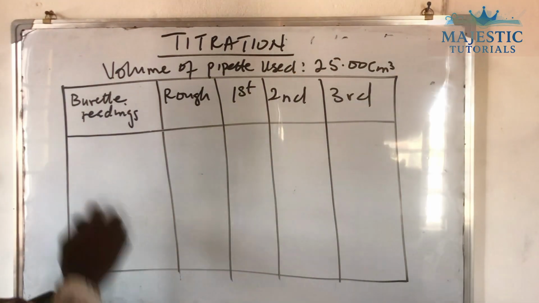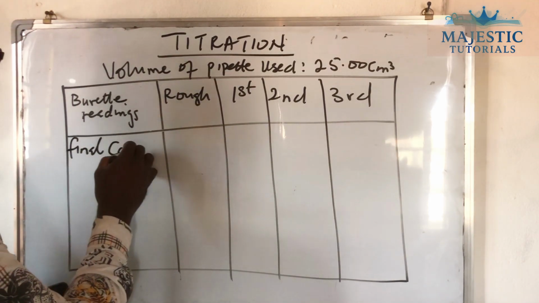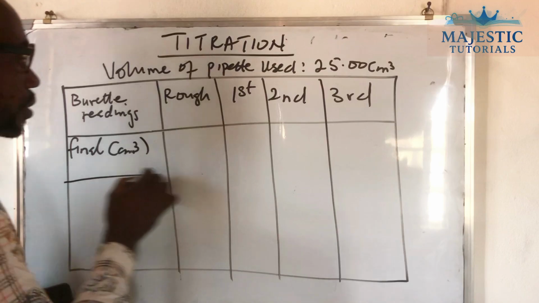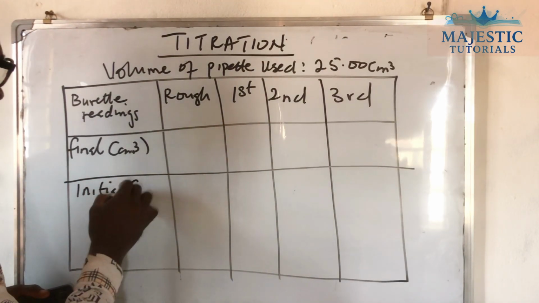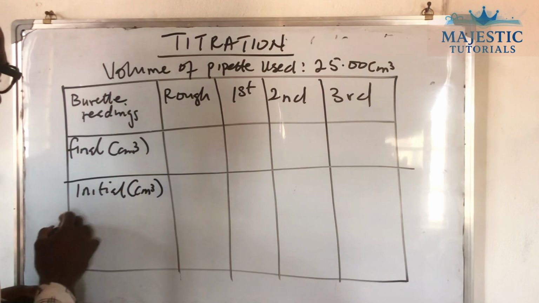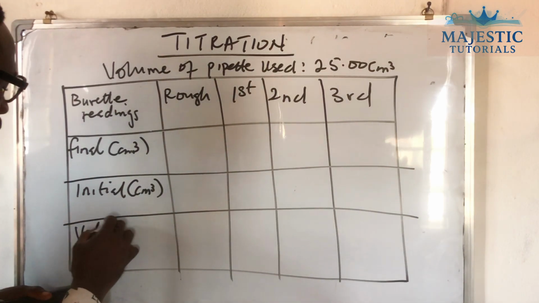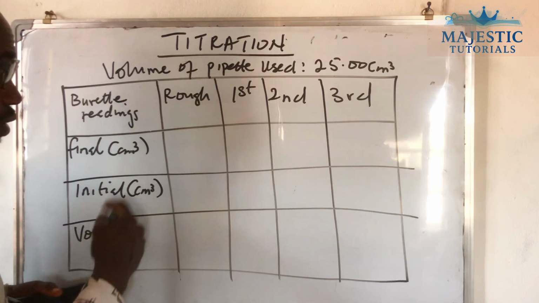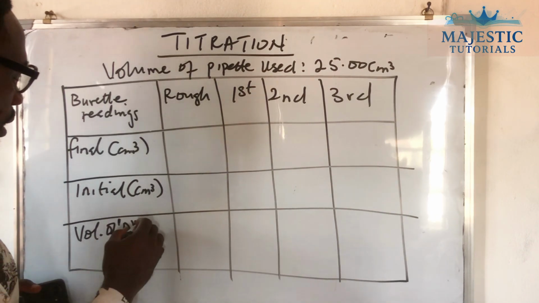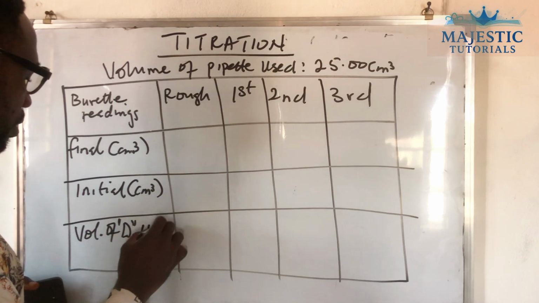Then here you write your final, and tell us that is in cm cube. And tell us your initial. Write initial, also indicate the unit. And then volume of D used, because D will be in the burette, because they'll tell you to put D in the burette, of course. And finally, volume of D used.